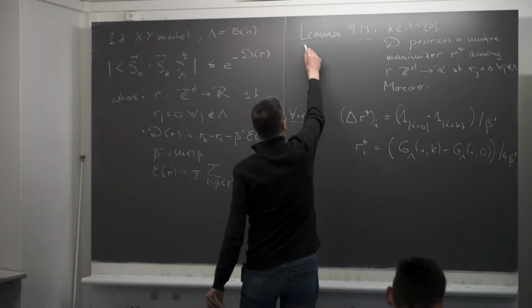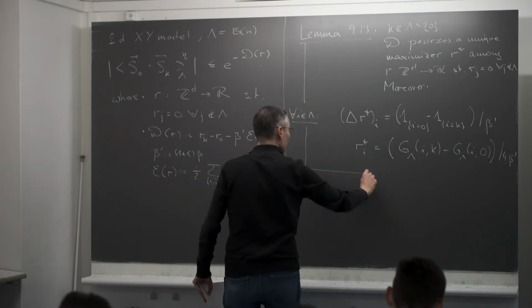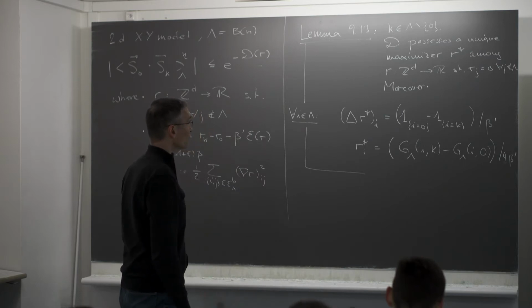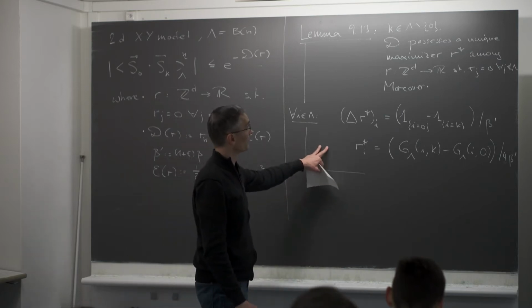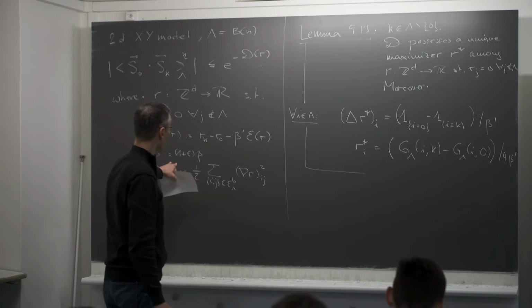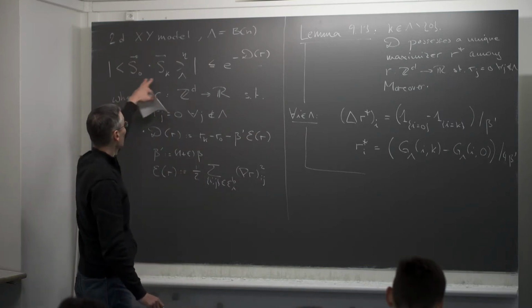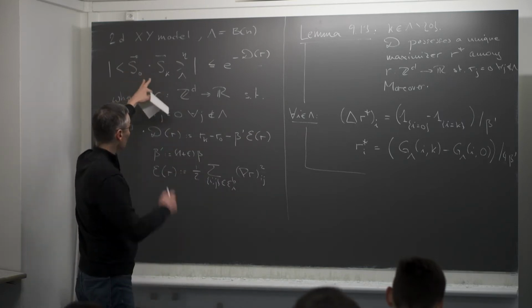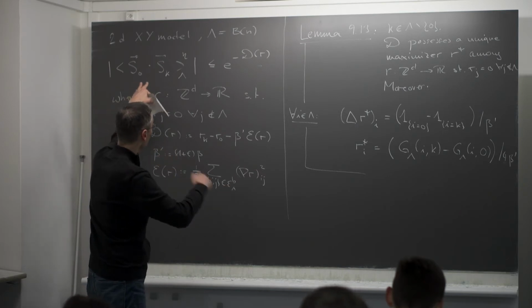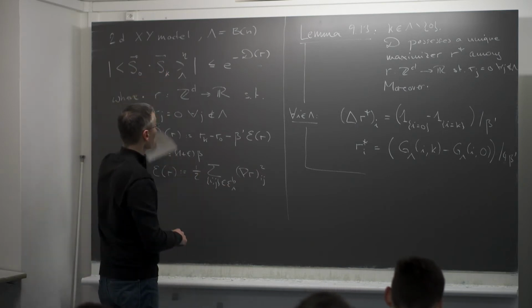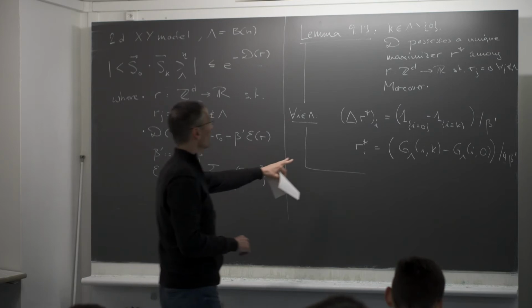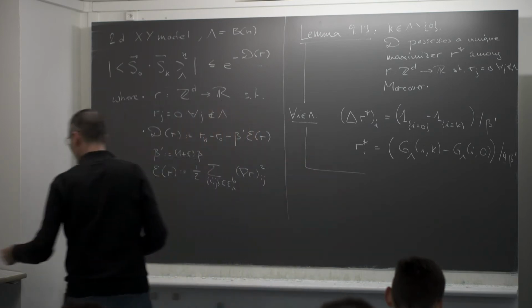Okay. So that's the statement, and I'm going for the moment to assume the validity of this statement and show how this allows us to get the bounds we wanted on this power law decay that we wanted for this two-point function, and then I will prove lemma 913. Okay.